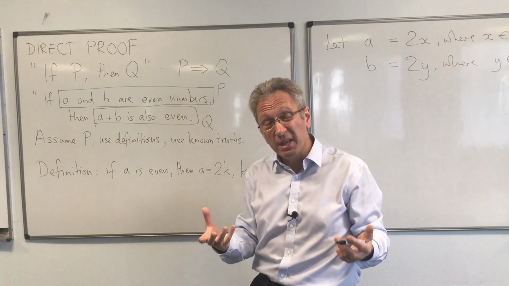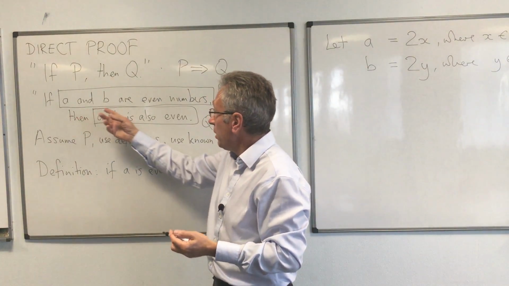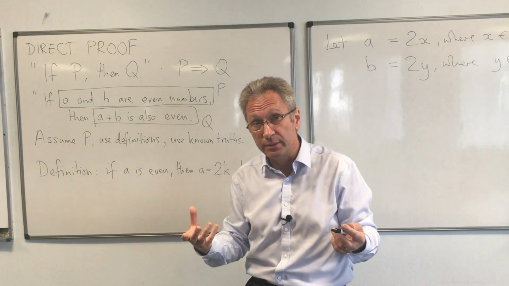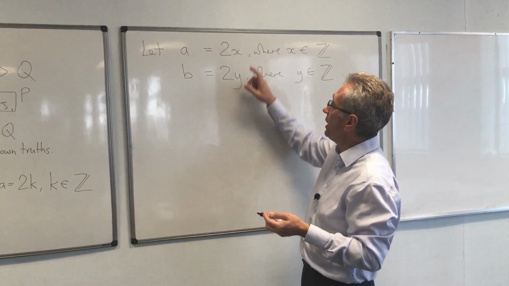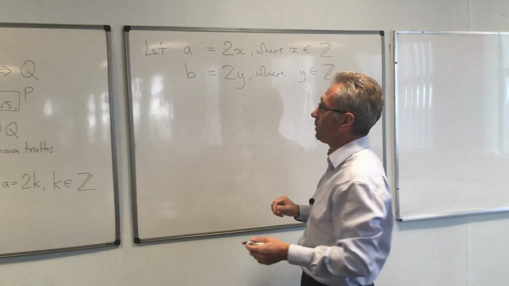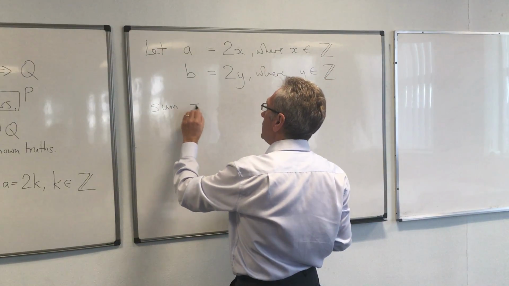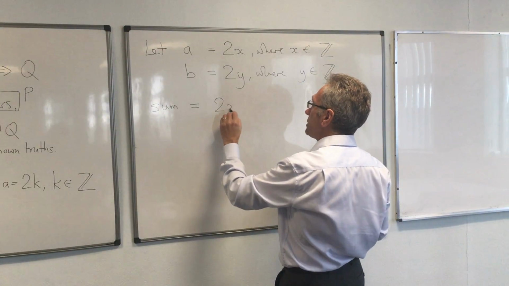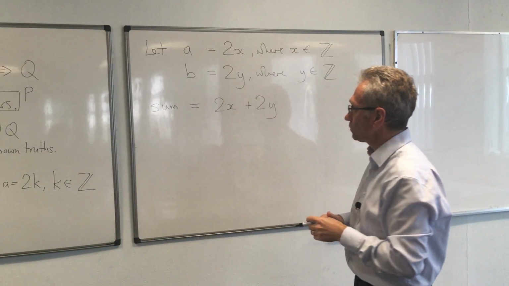They might be the same even number, but that's not being imposed on us. They're just both even and they could be different. So therefore we need to use 2 different variables, x and y. So let's add them up now. Sum of these two is equal to 2x plus 2y.